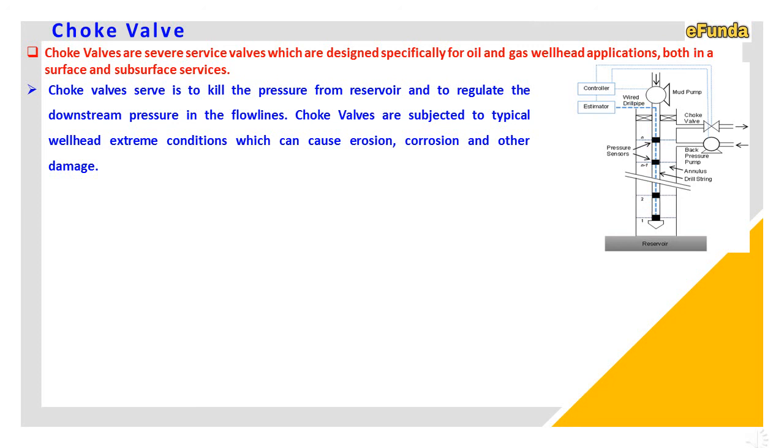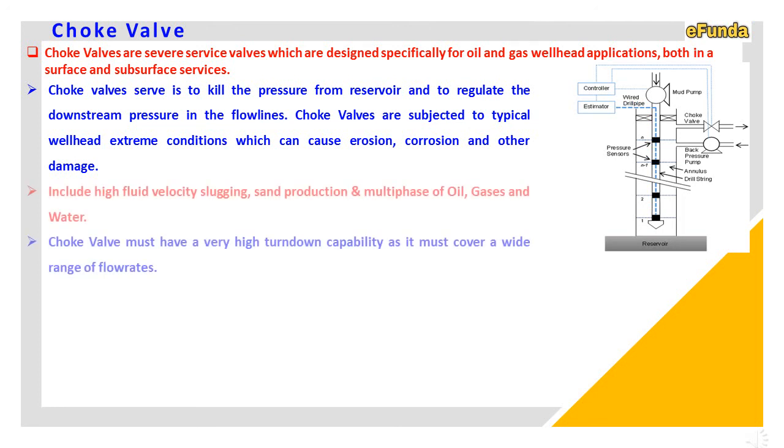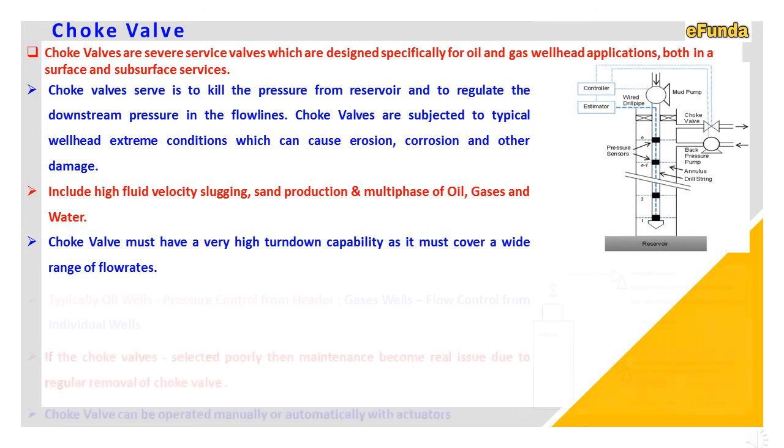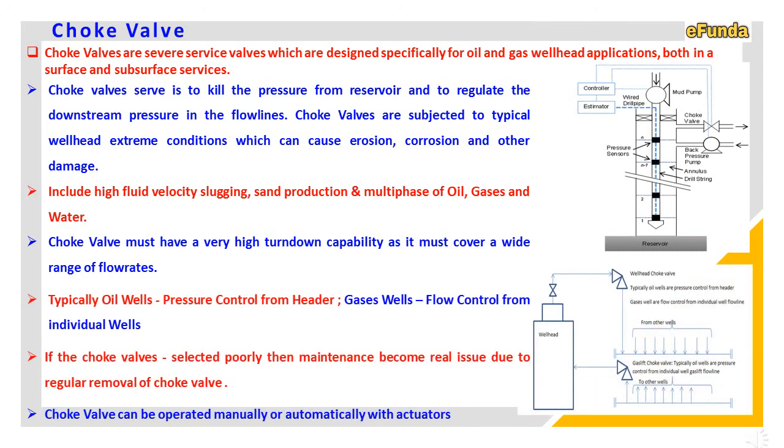Choke valves are subjected to typical wellhead extreme conditions which can cause erosion, corrosion, and other damages. This includes high fluid velocity, slugging, sand production, and multi-phase flow of oil, gases, and water. A choke valve must have very high turn down capability as it must cover a wide range of flow rates so as to take care of the services.